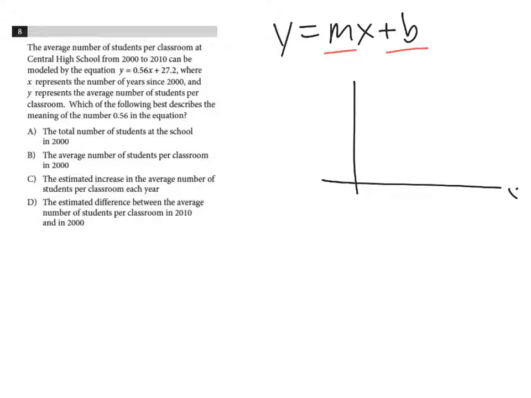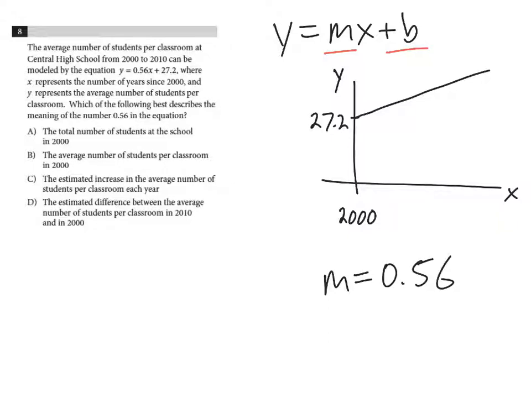So X is years and Y is students in the classroom. So it looks like at 0 years past 2000, which would be at 2000, the number of students in the classroom was 27.2. And then every year since then, as X increases by 1, the average population in the classroom has been increasing by a rate of the slope, and the slope is 0.56. That's the rate of increase in students per class per year.